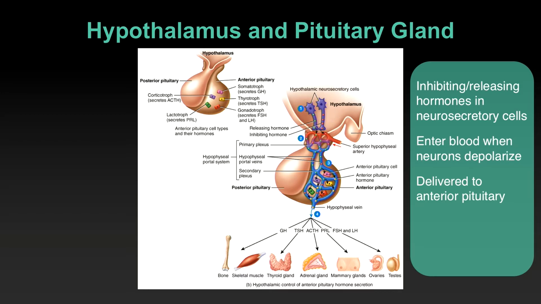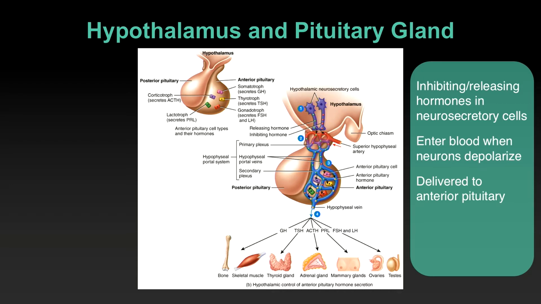And it's here that the inhibiting and releasing hormones reach their target cells. Right? Our understanding of how hormones work is that they're released from somewhere and they affect a target cell somewhere in the body. Well, here, the path between those two points is very short.